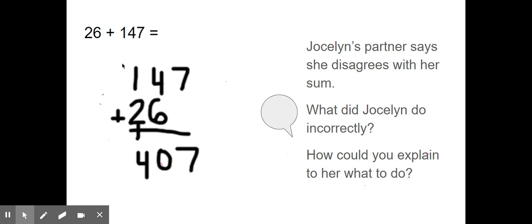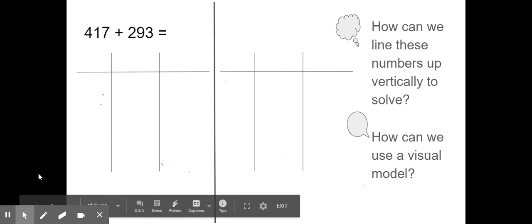I notice that Jocelyn wrote a vertical equation, but she didn't write it the right way. Can you tell what she did wrong? If you said that she didn't line up her units correctly, you're right. Great job.